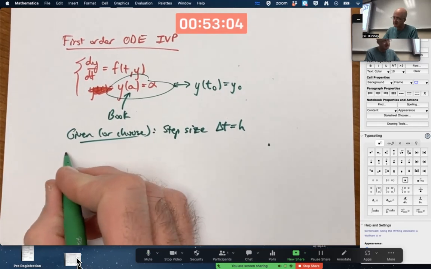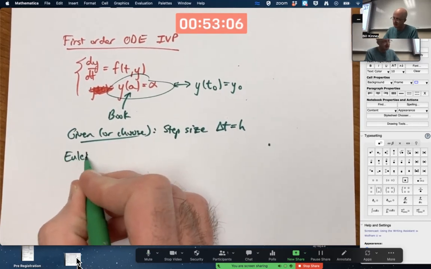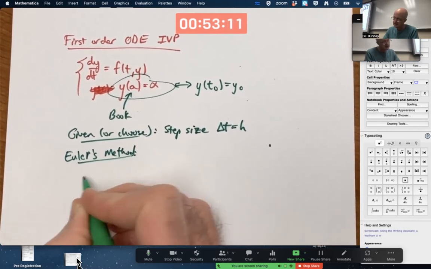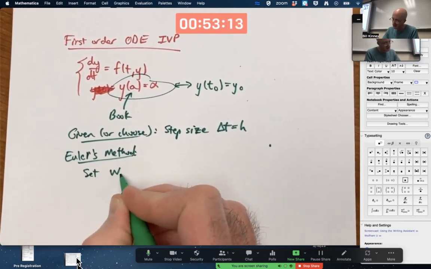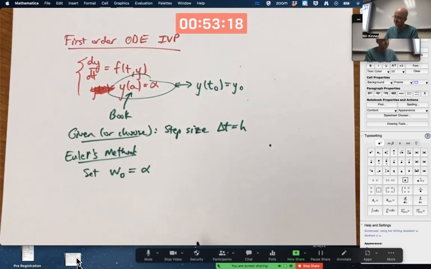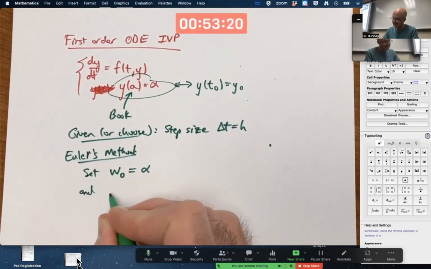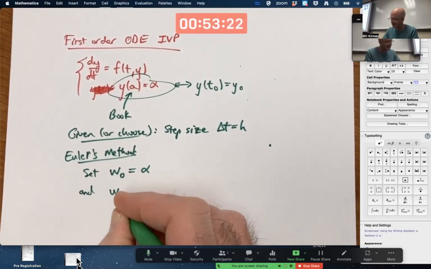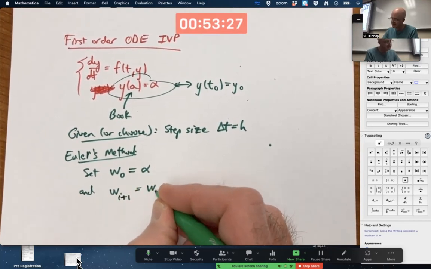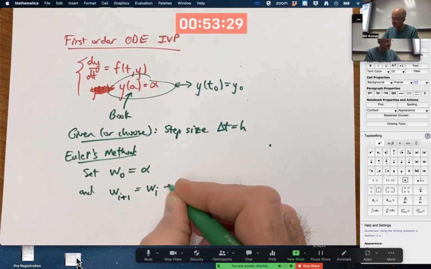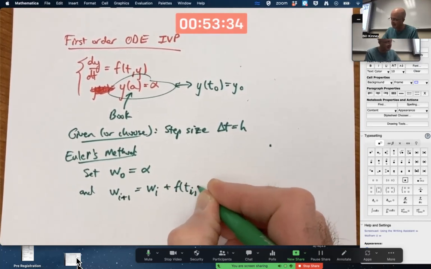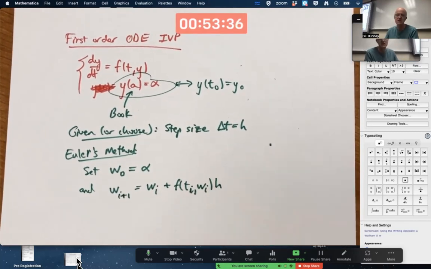Here's the method. Euler's method: set w naught equal to alpha, and w sub i plus 1 equals w sub i plus f of t sub i, comma, w sub i, times h.